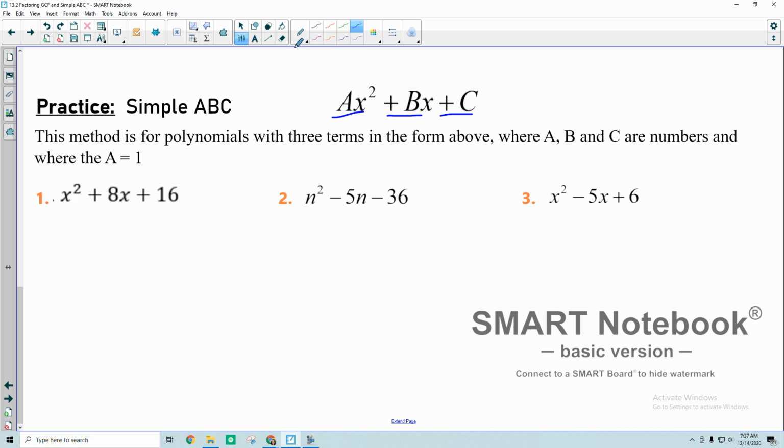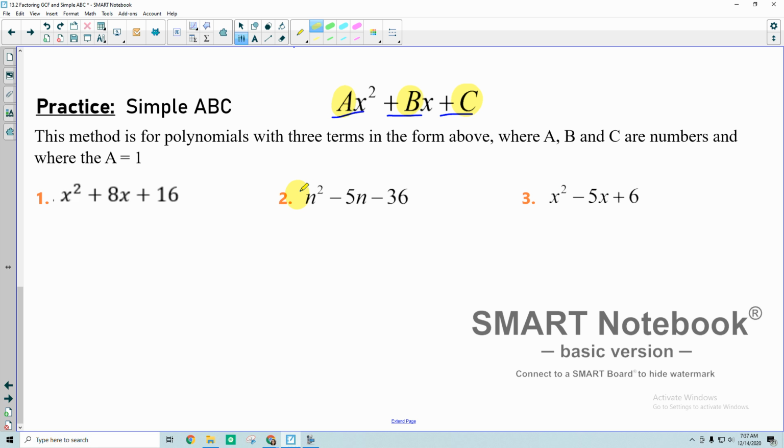All right, so here's how this is going to work. We have 3 terms, once again. And in these 3 terms, all of these 3 letters, A, B, and C, are going to represent numbers. We can clearly see in each of these examples that C is -36, B is -5, please include the sign in front of it, and then A, what is A?